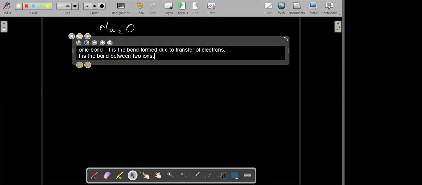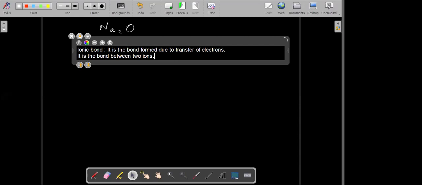So the bond between two ions will be formed only when they transfer their electrons. So everyone understood about the ionic bonds?